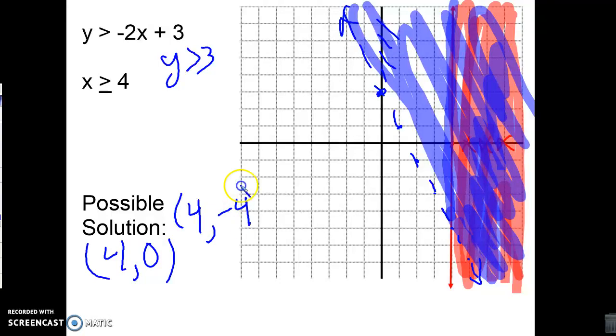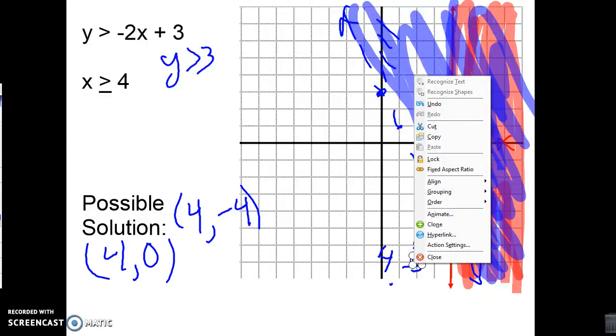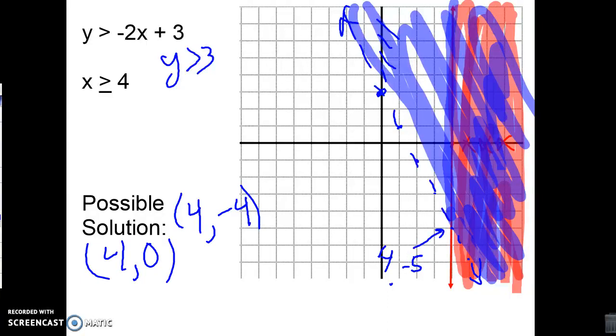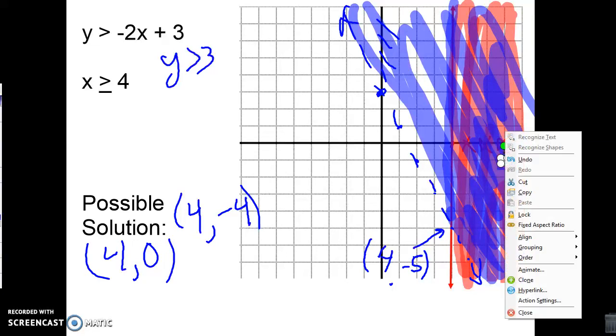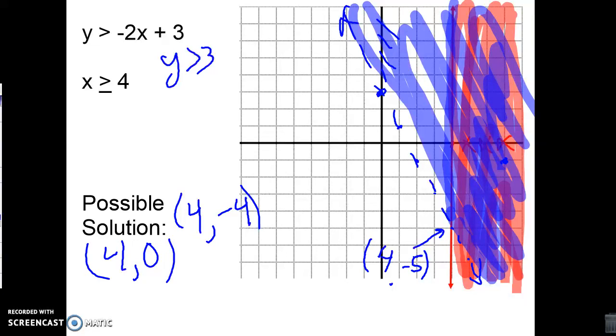You could not have a solution right here at that point of 4, -5. The reason for that is because part of that point is on a dotted line and part of it is on a solid line, but because it's on a dotted line, that one wouldn't work. But anything that's double covered, if I had this point right here, which is 7, -1, that also would work as a possible solution.